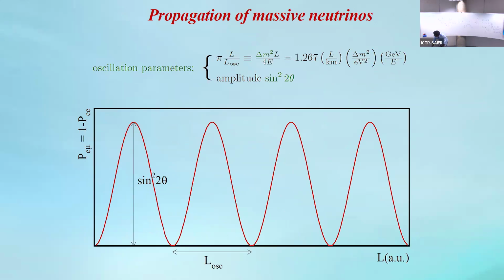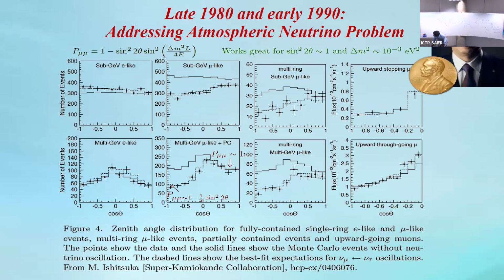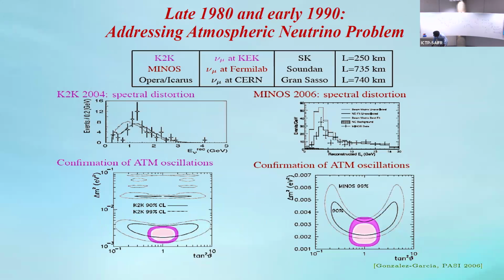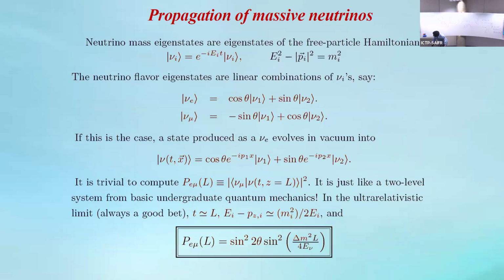Let me explain a bit of the data. In the two neutrino hypothesis, you can always write down the two neutrino flavor eigenstates as a linear combination of two mass eigenstates, and then you compute the oscillation probability.